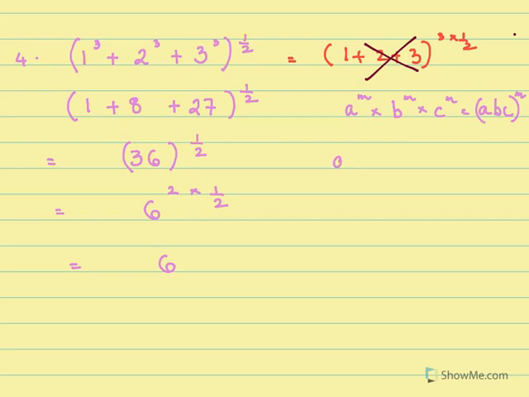But if we have a raised to m plus b raised to m plus c raised to m, and we write it this way, this is absolutely wrong. So don't get tempted to take the power outside.